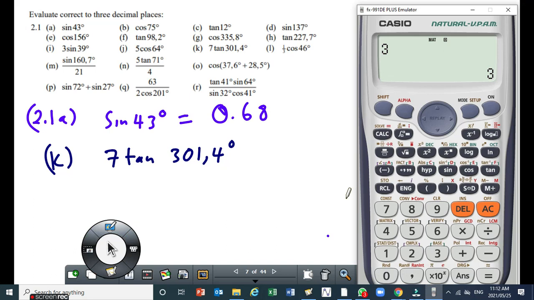What you do is you go to your calculator first, put times 7. Let me delete this.